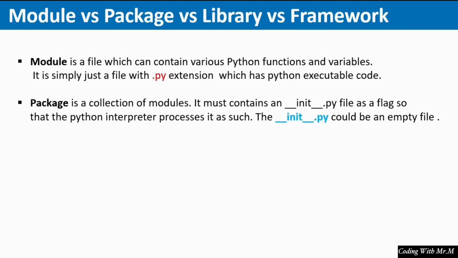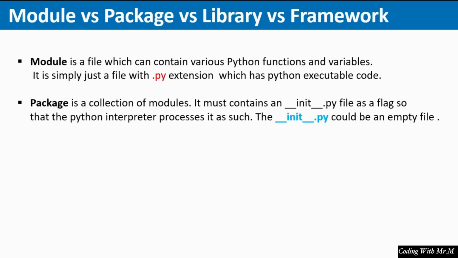This is very important because it acts as a flag to the Python interpreter to process such a folder as a package. So Python will look for any folder that contains this __init__.py. If it sees that, it treats that as a package. The init file can be empty. You don't have to have anything in it, but Python checks for that in order to mark that folder as a package.